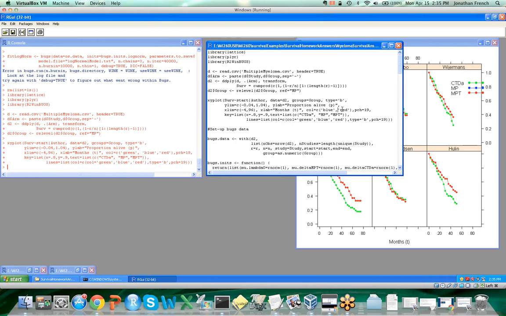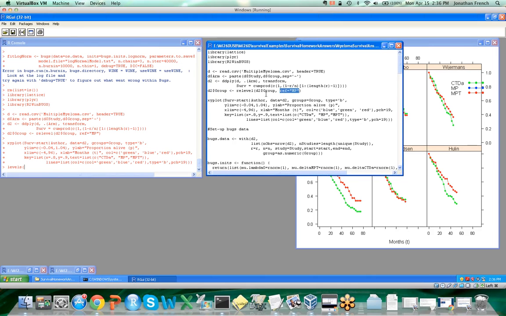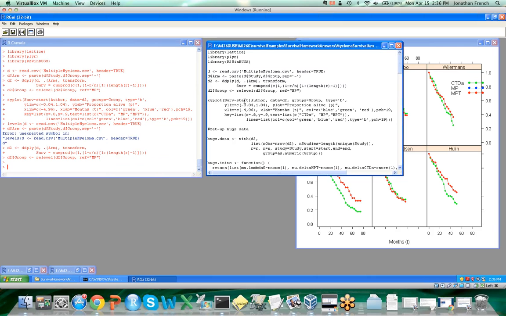What I've done here is read in the data. By default, R will sort the factors, in this case the treatment group, alphabetically. So in order to make nicer plots, we'll set MP to be the reference treatment group. There's a relevel function here that allows us to set the reference group.